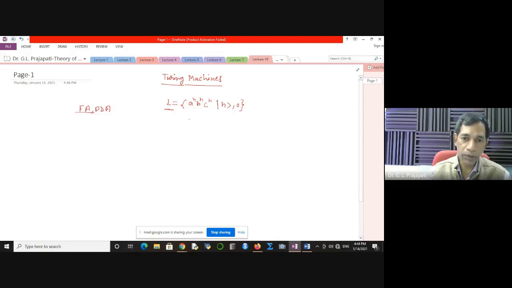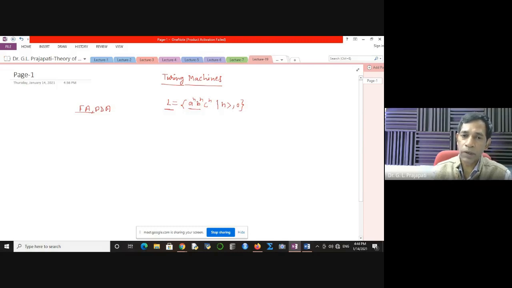Also, if you go for the PDA for this language, you have seen that a^n b^n you can correctly match. Once you have the A's, you push them onto the stack, and once you start reading the B's, you delete one by one from the stack. Once the B's are exhausted and the stack becomes empty, the number of A's and number of B's have matched.